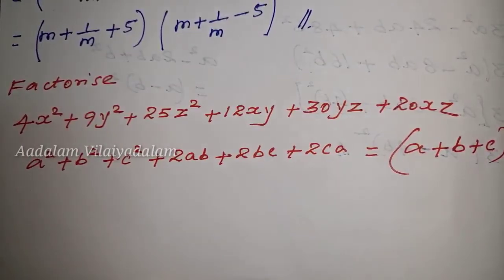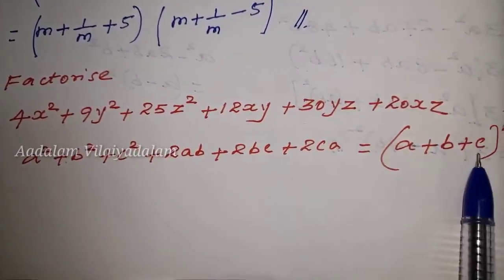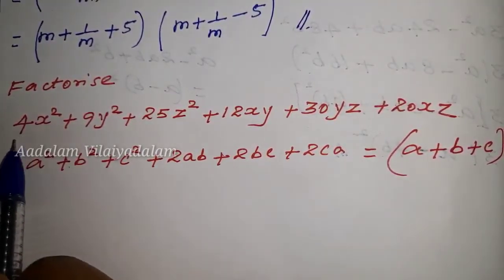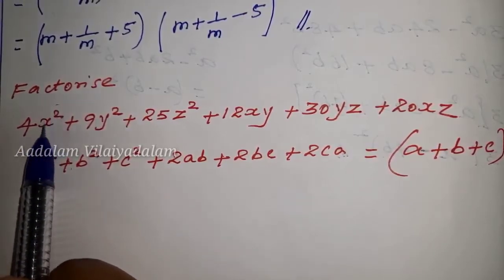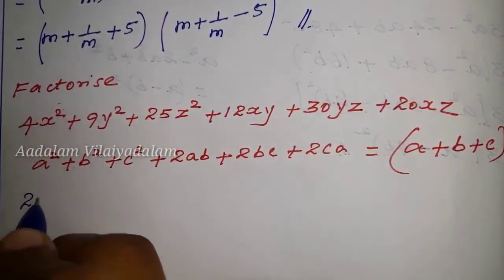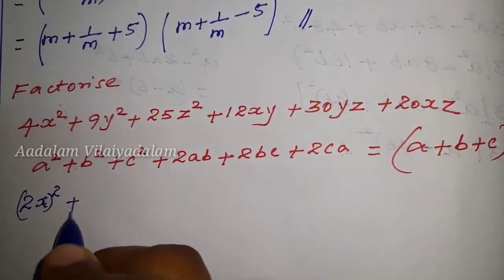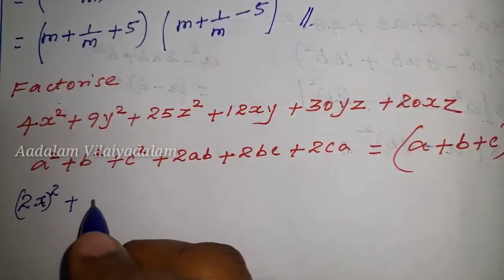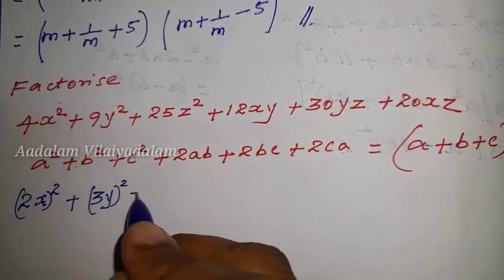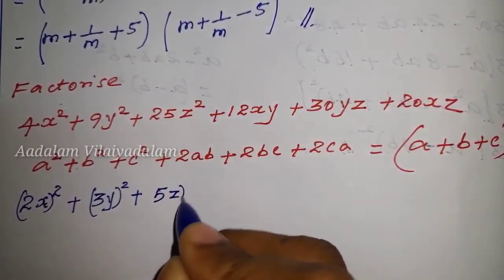Here the left side value is given, so we have to find the right side, that is the a, b, c values. First identify a, b and c. 4x square can be written as 2x the whole square, plus 9y square, 3 3s are 9, so 3y the whole square, plus 25z square, 5 5s are 25, so 5z the whole square.